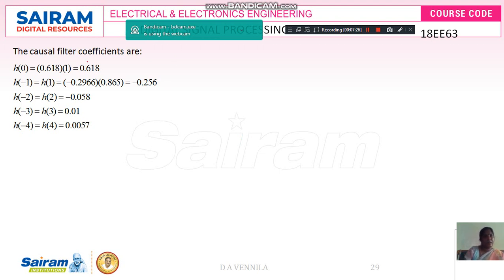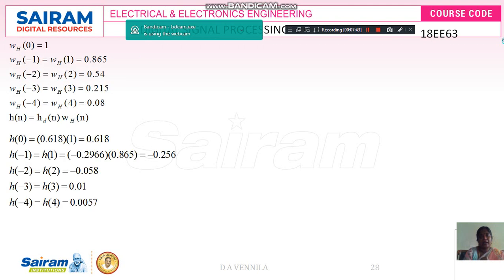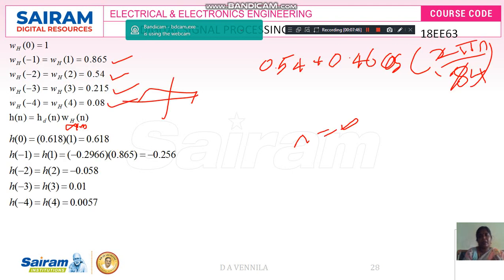All the filters here are causal filters, with causal filter coefficients h of 0, h of 1, h of 2, h of 3, h of 4. So we have calculated the filter coefficients in different ways. Okay, thank you students.